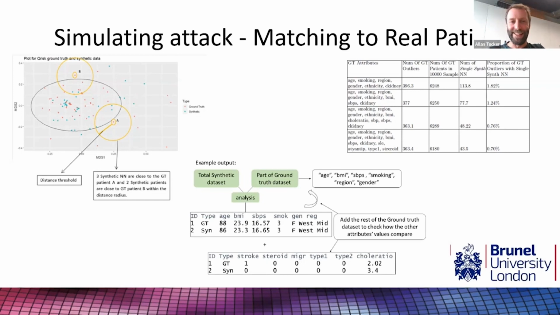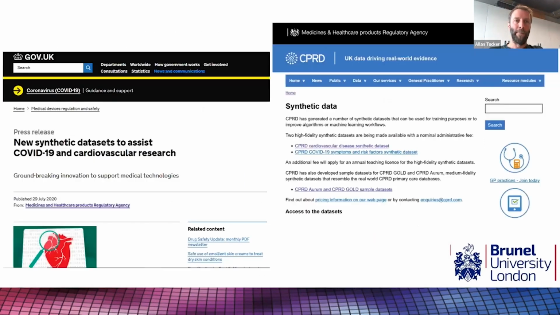However, these kinds of attack simulations are very ad hoc. But what it did do was provide CPRD and MHRA with confidence to be able to at least release some synthetic data sets under certain relatively light touch agreements. So if you go to the MHRA and CPRD websites, you can now, with a small form, get access to a cardiovascular disease synthetic data set, and data based on COVID-19.